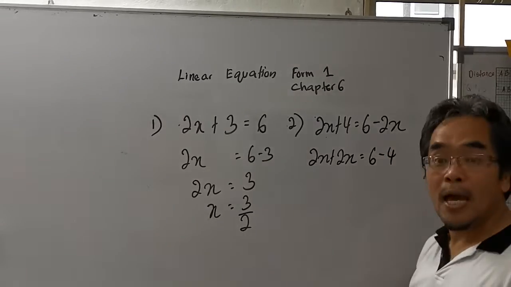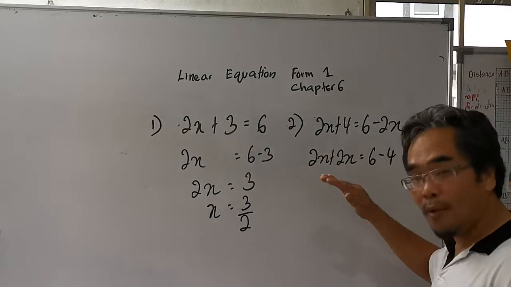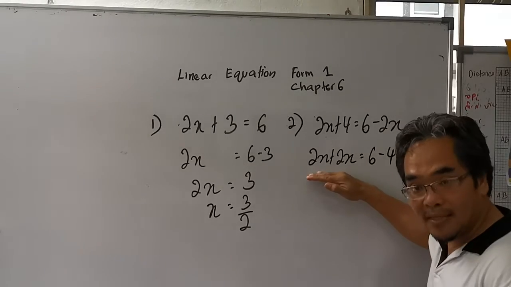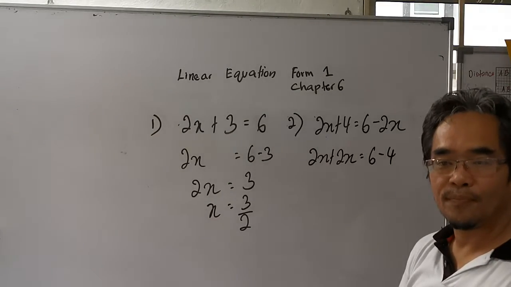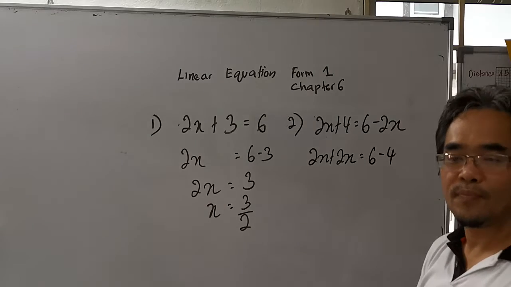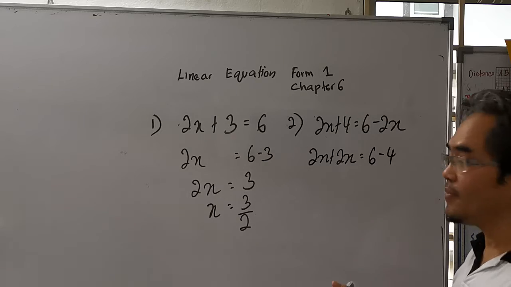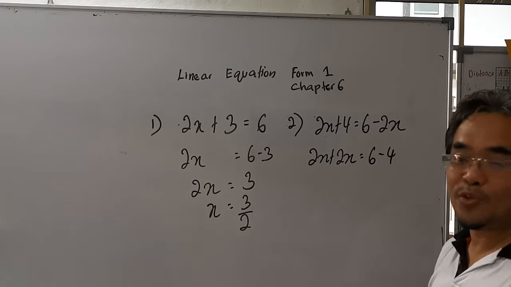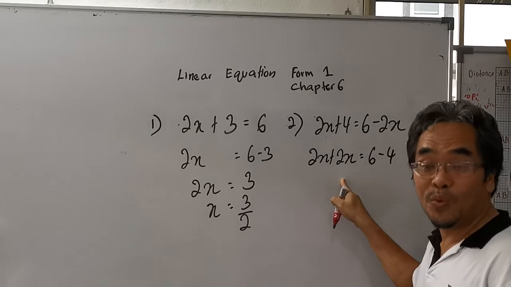I'm not saying that you have to understand now. So what you have to do now is calculate. Can you add 2x with 2x? You don't have to use a calculator. If you were to use a calculator, you just add 2 and 2.